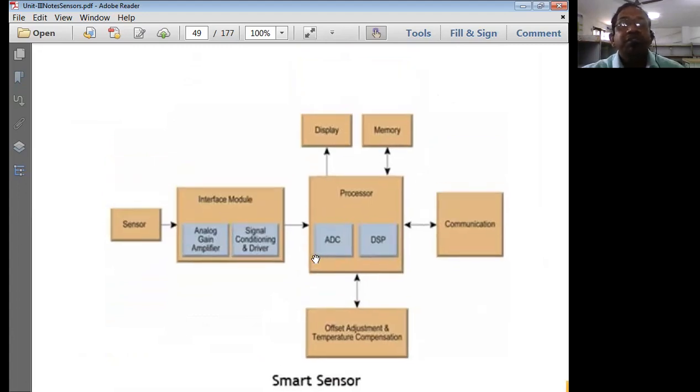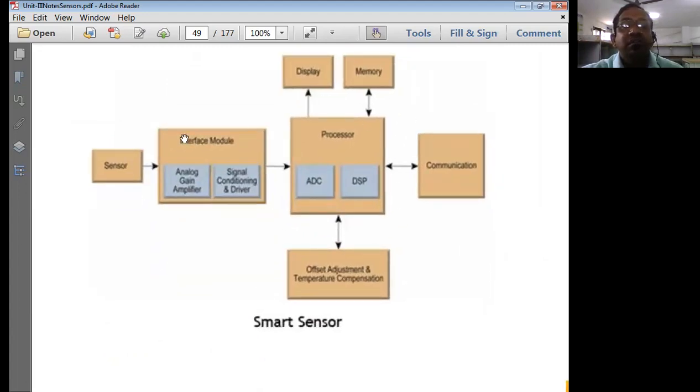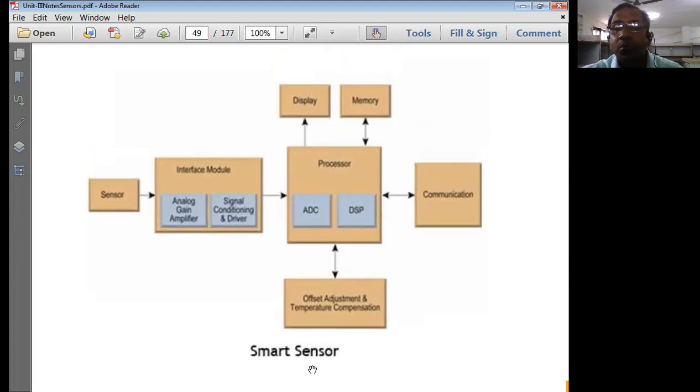We'll end our session by discussing this very generalized block diagram of a smart sensor, putting together all those things we discussed. What issues have we found in the block diagram? We have a primary sensor. Next, an interface module to interface the output of the sensor to the processor.